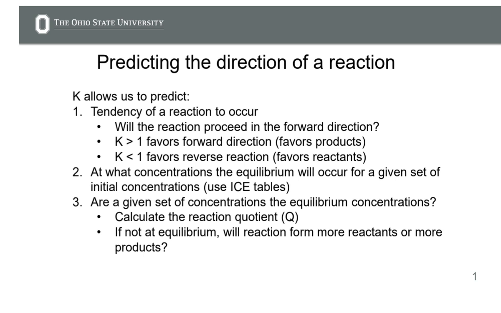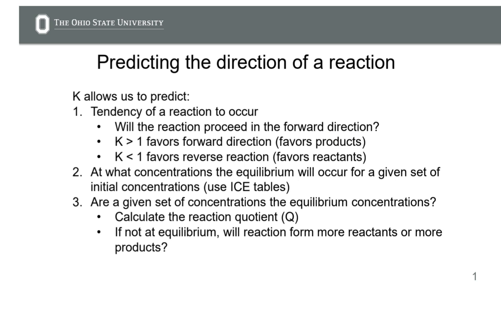Okay. All right. Last time we were talking about predicting the direction of a reaction. And we used the reaction quotient Q to be able to predict the direction. So if we kind of go over a few things here, we already looked at calculating K, the equilibrium constant. We looked at what the value of K means. Okay? If K is greater than 1, the reaction favors the products.